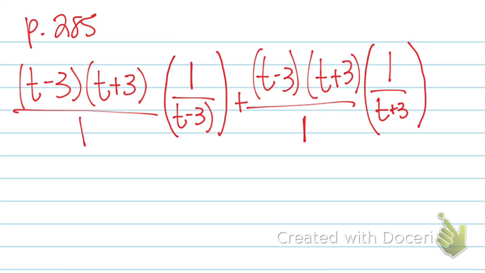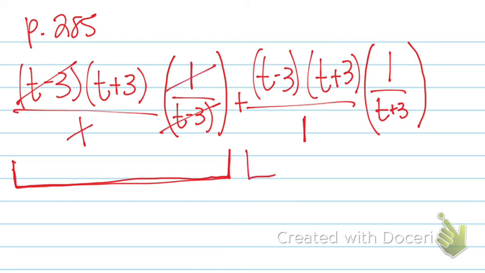Alright, on the first section, on the left side, what can I cross out? What's on the top and the bottom? Just on this side. T minus 3, T minus 3, and my ones. What about the right side? What's over what? Is that over X? No, that's over 1.